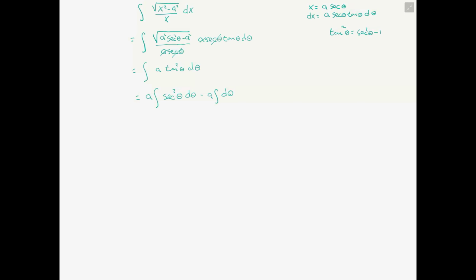Very simple here because the integration of the secant squared theta is simply the trigonometric integral of tangent theta. And here I'm working out the relationship y equals tangent theta, and dy is equal to secant squared theta d theta. And if you take the integral of that, your result is the tangent theta. I'm just working it out for my own refreshment.